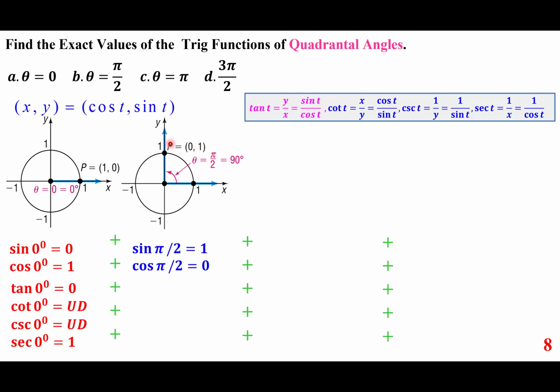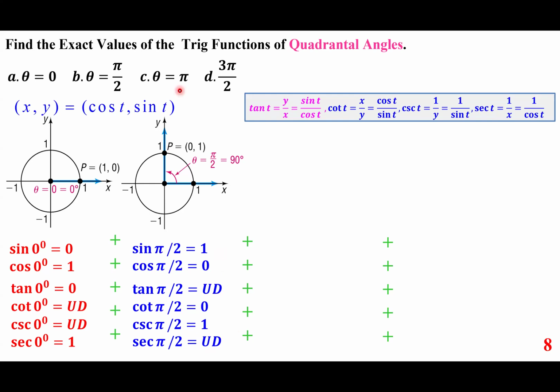And as I mentioned, the rest follow. For example, tangent is sine over cosine. What is 1 over 0? We say undefined. Ultimately, we get to infinity or negative infinity, depending upon whether we come close to pi over 2 from the left or right. So this is undefined, and the rest of them are the reciprocals of those three.